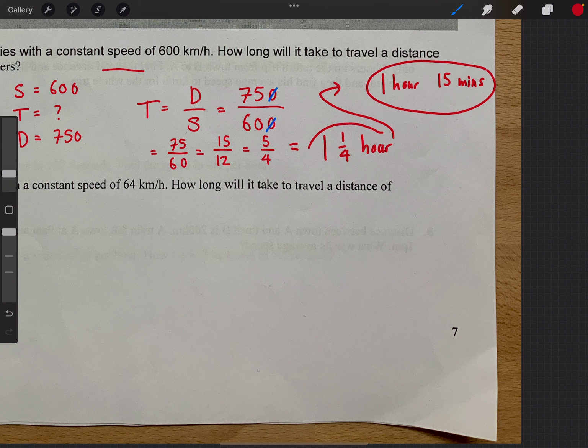So that's 10 minutes. So what I mean by this is 9 hours and 10 minutes. The answer, you could leave it as 9 and 1/6 of an hour, or you could say that's 9 hours and 10 minutes.